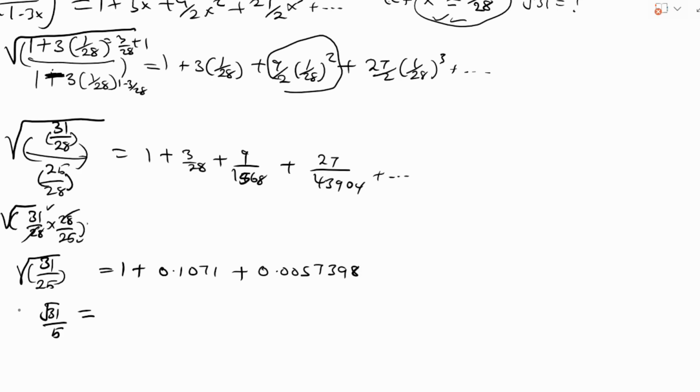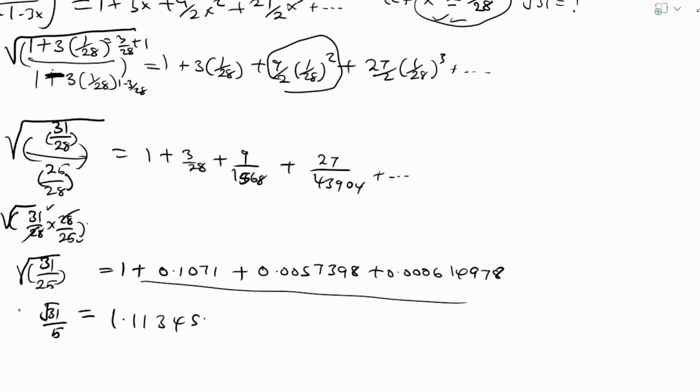Then this one is 0.0006 1498. All right, now if you add all this, you shall get a value of 1.11345 approximately, and this one is equal to root 31 over 5.